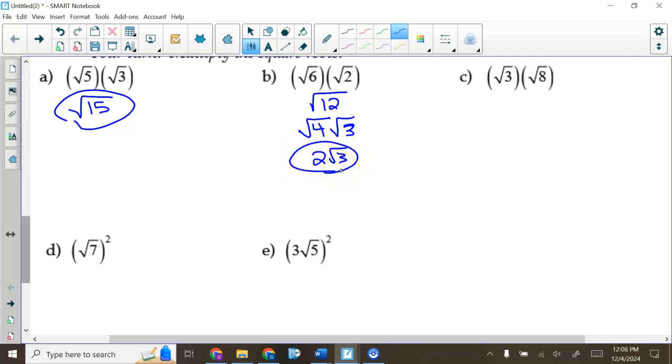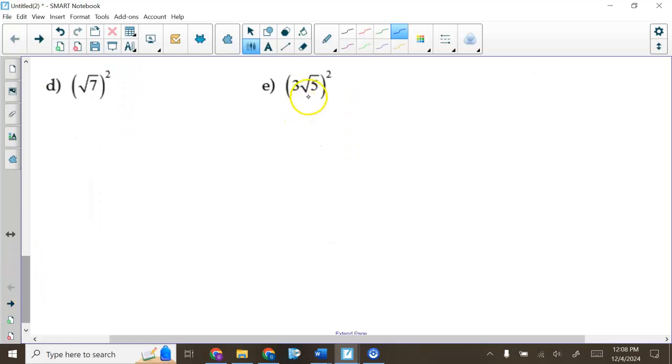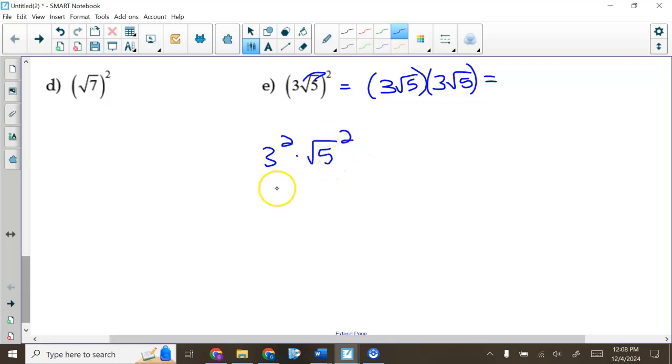All right, I'm going to jump down and do E. So you can either write this again twice, 3 times square root of 5 times another 3 times the square root of 5, and get what that equals. Or I can square each item. So I can say 3 squared times square root of 5 squared. Either one should get you the same answer.